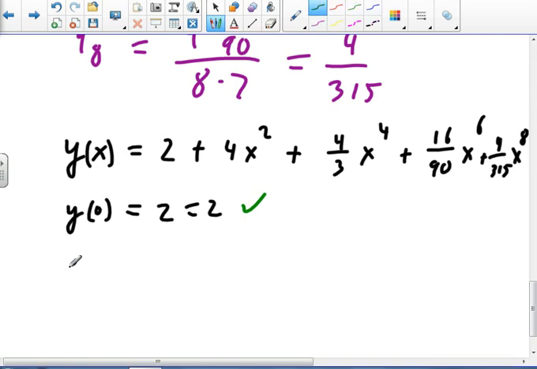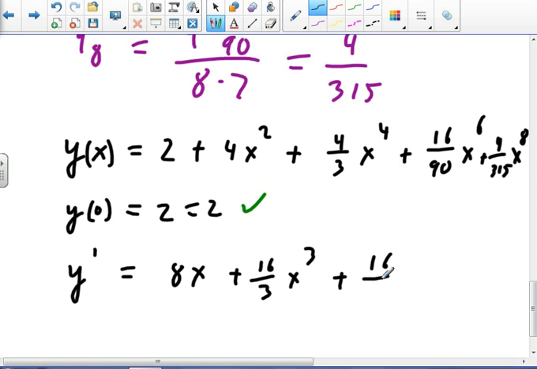Okay, now I'm going to take the first derivative, y prime, and I'm going to get 8x plus 16 over 3 x cubed plus 16 times 6 divided by 90, change to a fraction, 16/15 x to the 5th plus 4 times 8 divided by 315, change to a fraction, 32/315 x to the 7th.